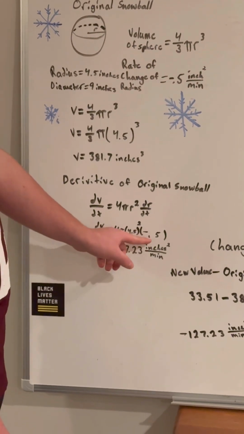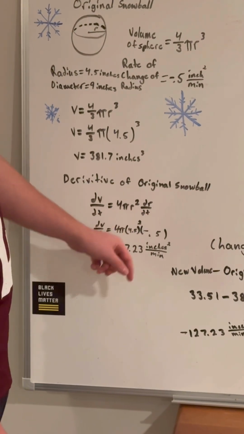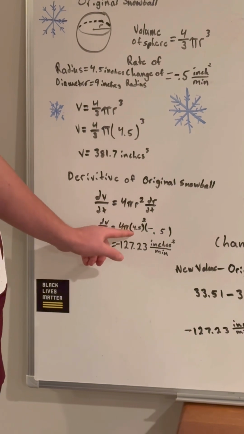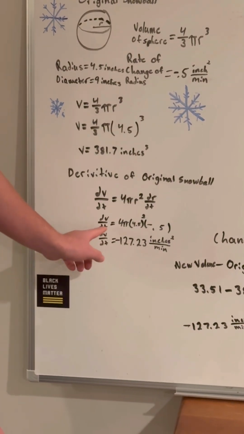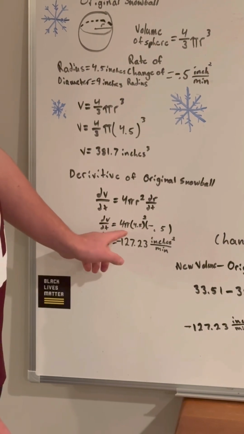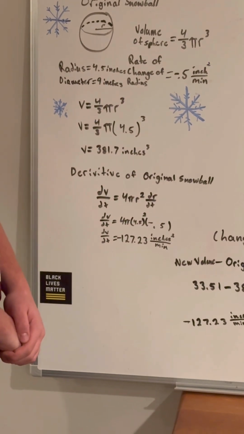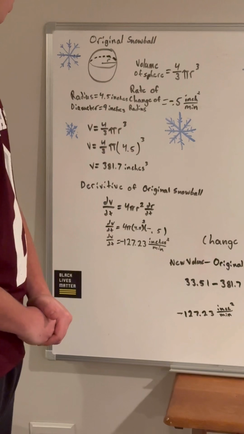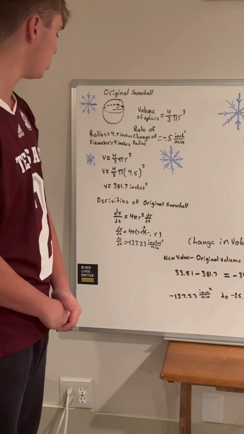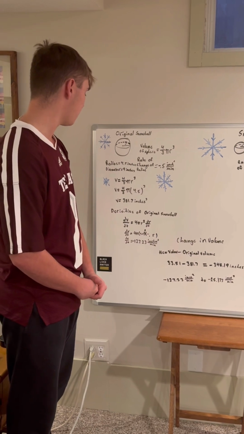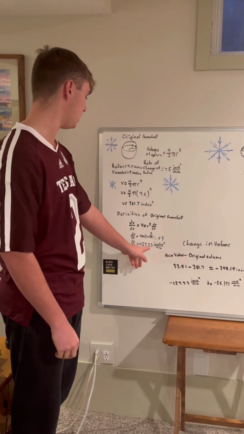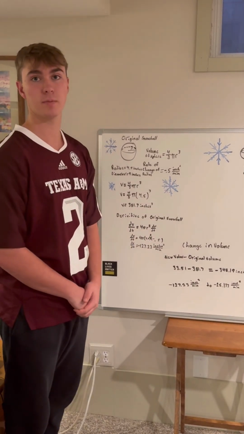He plugged in negative 0.5 for dr over dt, and he plugged in 4.5, the radius, for r. He then solved for dv over dt and got negative 127.23 inches squared per minute, because the volume is decreasing as it would be melting.